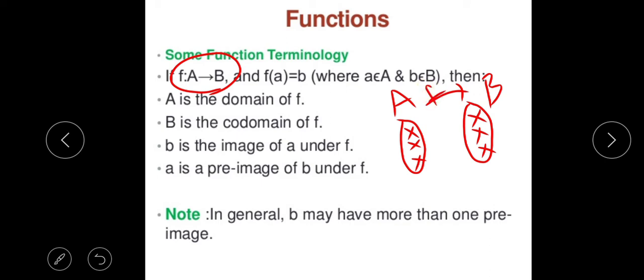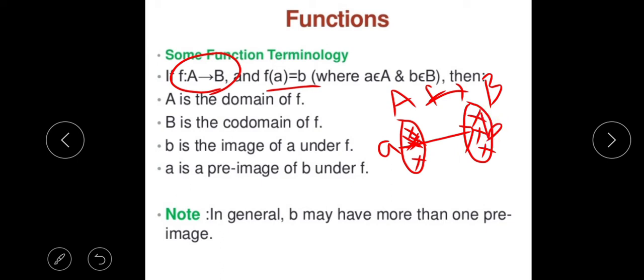So like that we are considering f from A to B and f of a equal to b. Here inside this input I am considering a number a, the x value a, and the corresponding output, what is it?